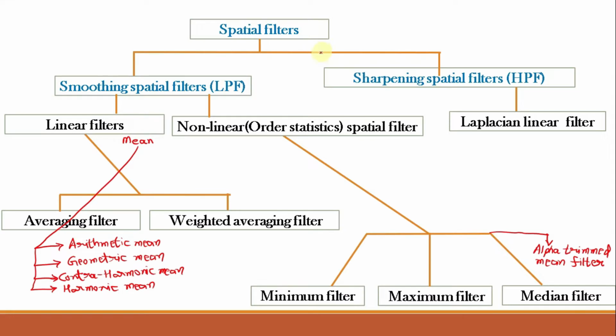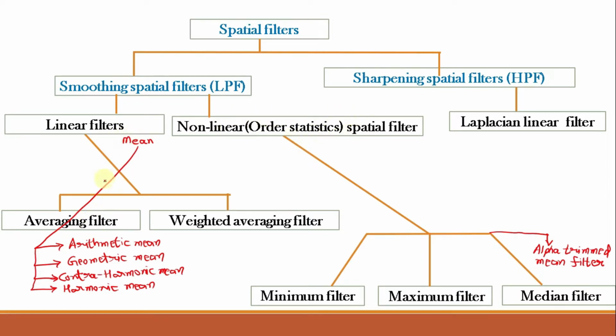This is the slide that we saw in video lecture number 15, spatial filtering techniques in DIP and its implementation in MATLAB. Here we saw that spatial filtering can be of two types, smoothing spatial filters and sharpening spatial filters, for the removal of noise. The smoothing spatial filters can be linear filters, or mean filters, or averaging filters, and non-linear or order statistics filters.